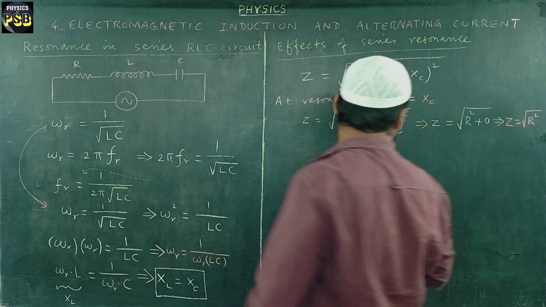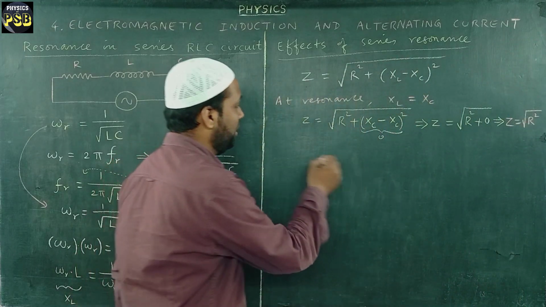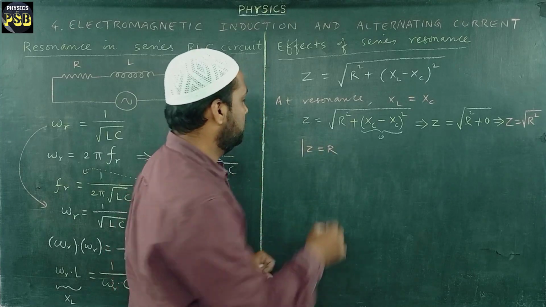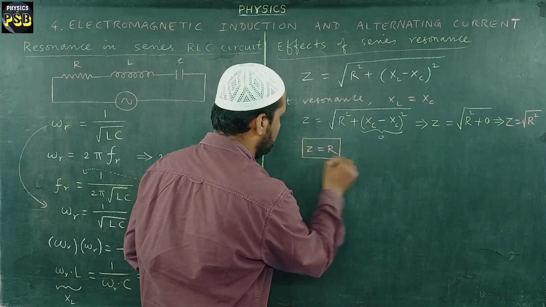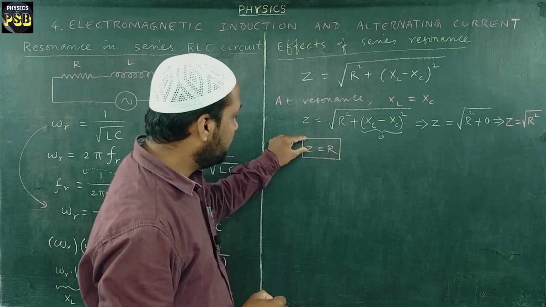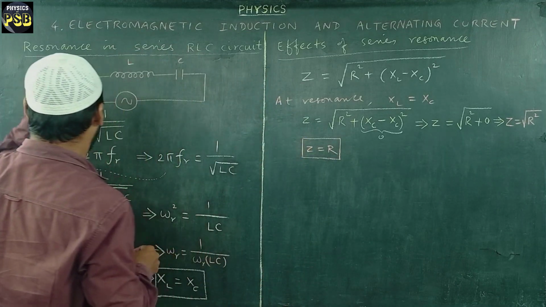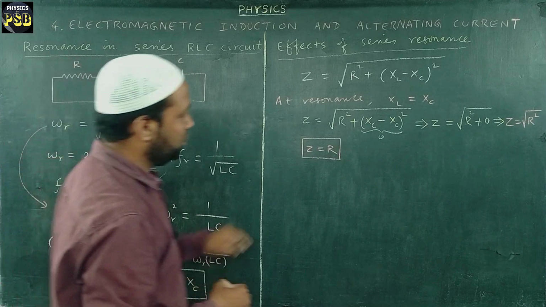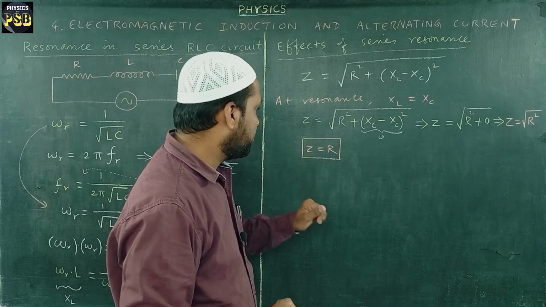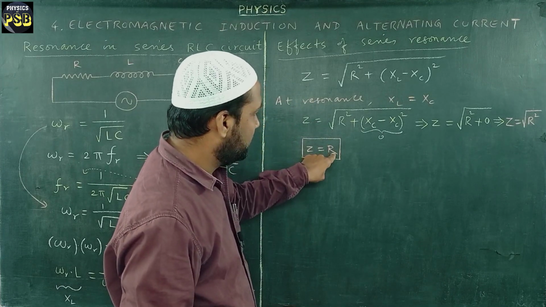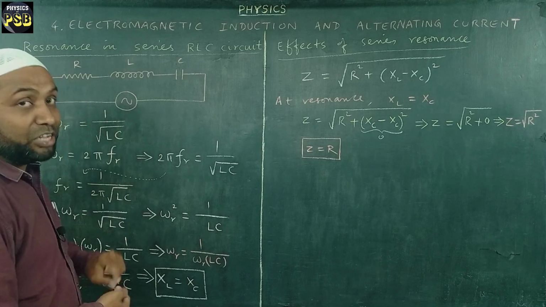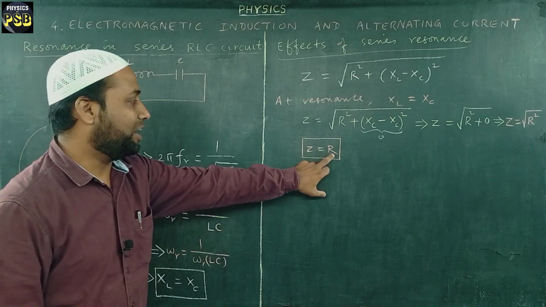When we take the root of R square, we obtain this expression: Z becomes equal to R. It means the impedance of this RLC circuit becomes equal to the resistance. It means at a resonance, the opposition to the flow of current by the circuit has reduced to R.